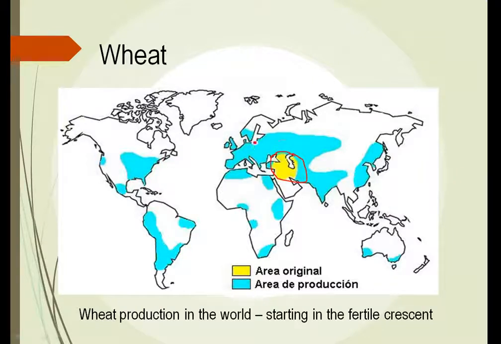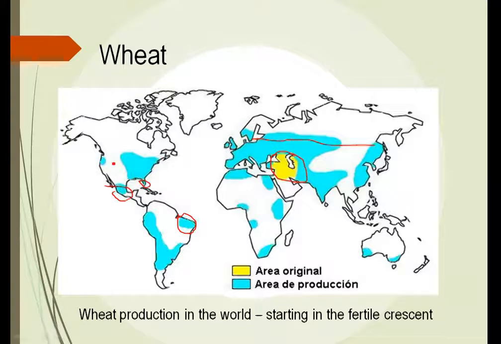The blue area is where wheat is commonly grown today. And notice that wheat can be grown in semi-tropical areas such as Florida, areas of Mexico, parts of Brazil, but it also can grow in much colder regions.